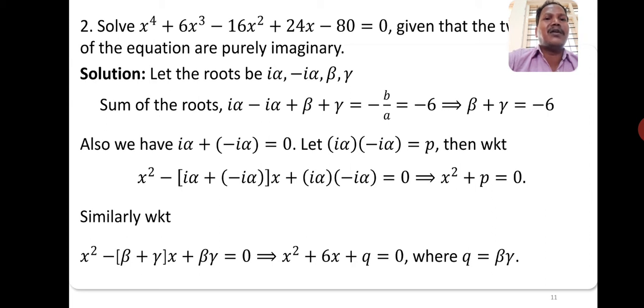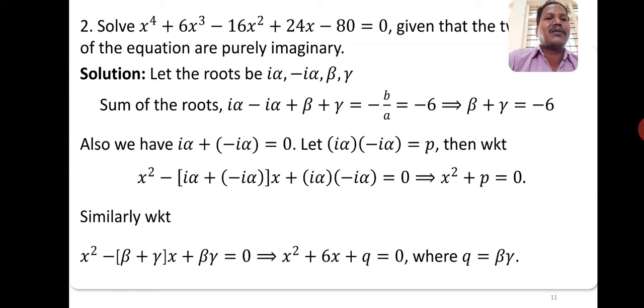Then we know the quadratic expression is x square minus the sum of i alpha and minus i alpha into x plus their product equals 0. So here plus minus will be cancelled, therefore the x term is 0, which implies x square minus i alpha into minus i alpha, that is i square alpha square, which is minus, therefore x square plus alpha square equals 0.